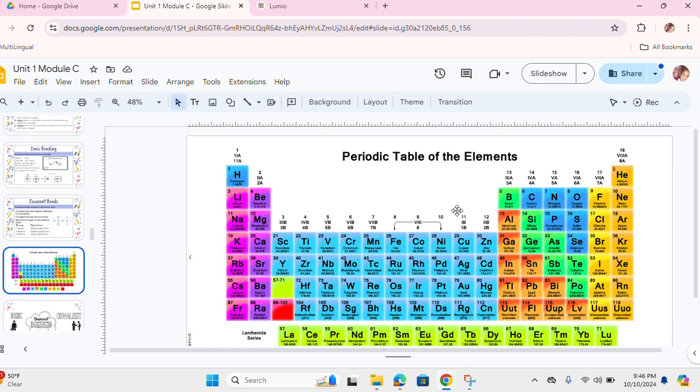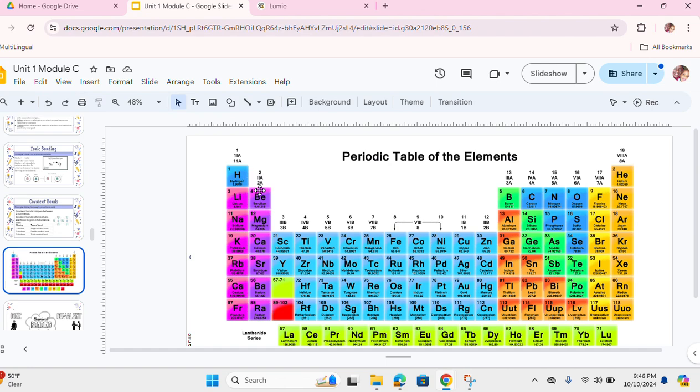Here, we're just going to ignore this middle section that's blue, and we're going to focus on groups 1, 2, 13, 14, 15, 16, 17, and 18. It's very simple. The number of electrons is the same as the group number. So group number 1 includes hydrogen, lithium, sodium, potassium, rubidium, cesium, and francium. All of these elements have one electron in their valence shell.